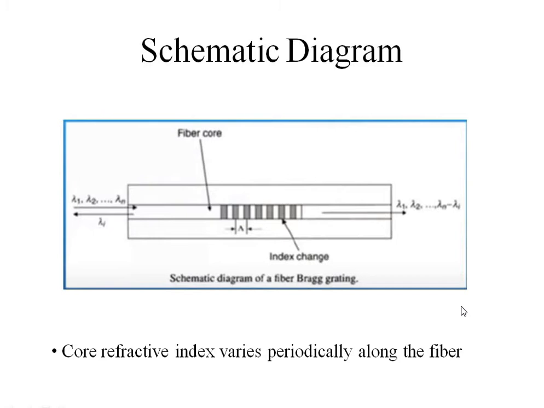So what kind of effect will this have on the fiber's light guiding properties? As shown here, a light with many wavelengths, lambda 1, lambda 2, lambda n, is launched into an FBG.